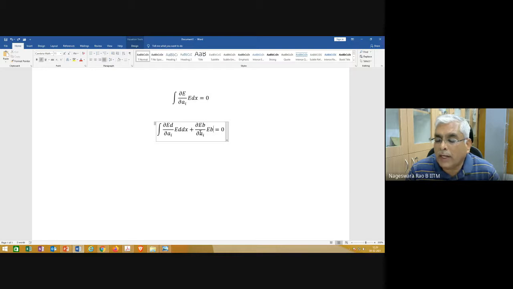So the boundary integral for a two-dimensional problem means you need to integrate along a line, whereas the domain is a two-dimensional domain. For a 3D problem, the domain integration is three-dimensional, and the boundary integration is two-dimensional.